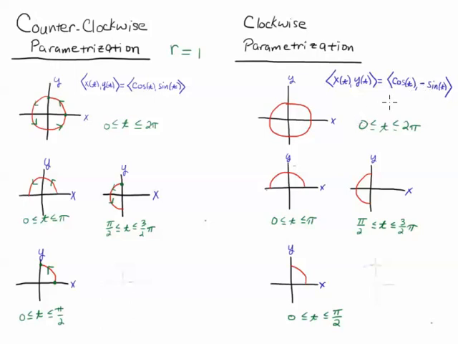So notice that if t is 0, once again we start here at the point 1, 0. But now if t is, for example, pi over 2, then cosine of pi over 2 is 0, sine of pi over 2 is 1, but we have a negative sign in front of it, so that shifts us down here. And so now we're going in a clockwise direction.